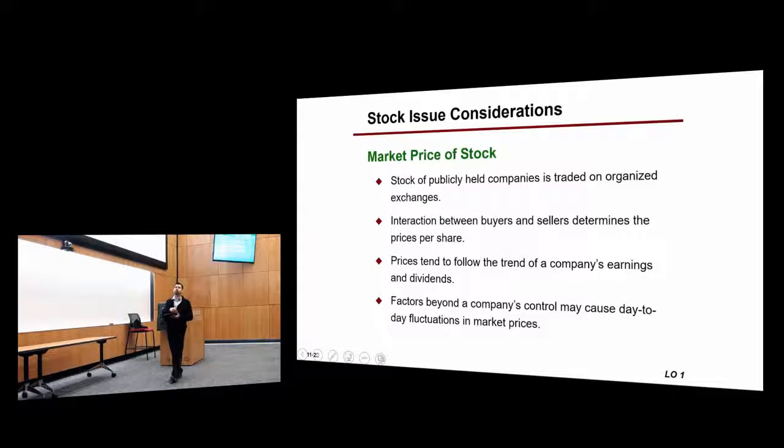Okay? Now, the company will sell their stocks in stock markets, right? In exchange markets. This is the selling of the stock after it was initially released, after the IPO, after the stock has been issued.